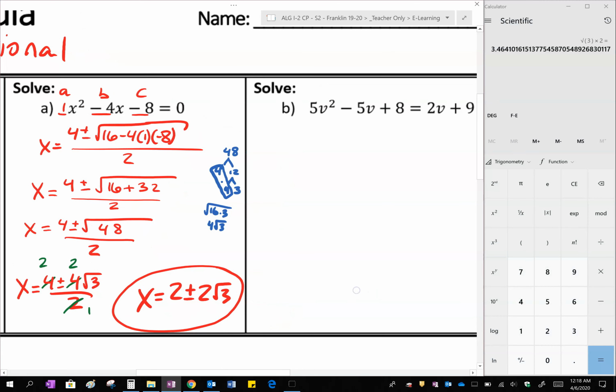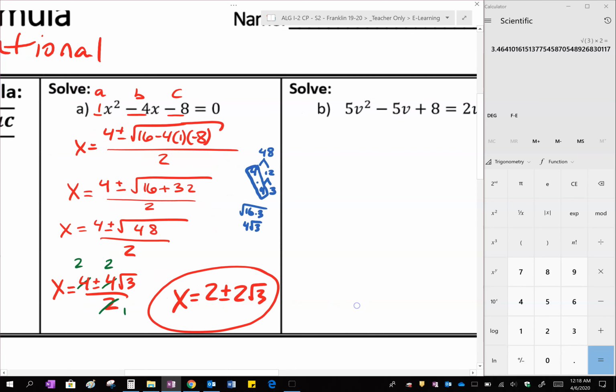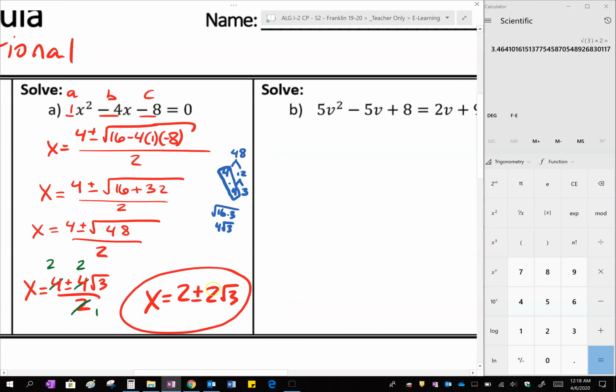It's also less work. So some of our answers may look like this. You have to be ready for that. They may not work out nicely. You just have to simplify as much as you can and leave it in this structure. So 2 plus and minus 2 root 3.